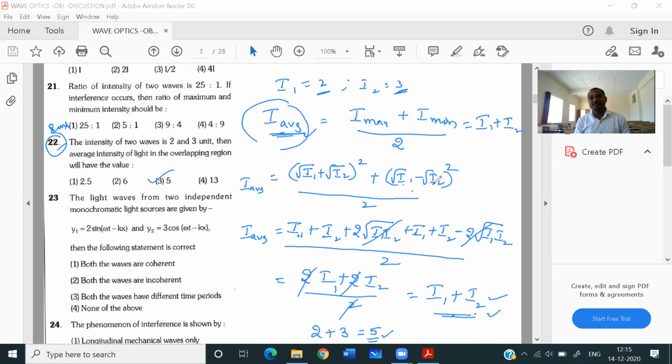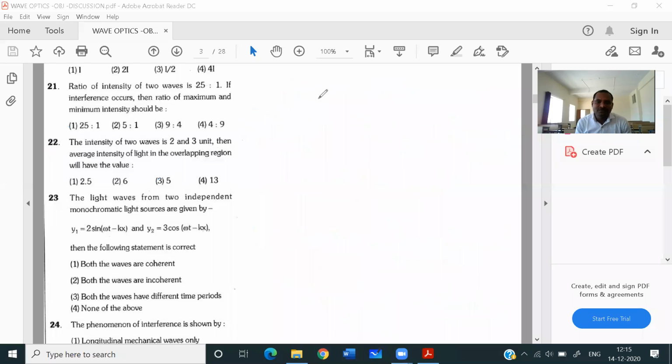Sometimes they give intensities, sometimes they give amplitudes. We know intensity is directly proportional to amplitude square.